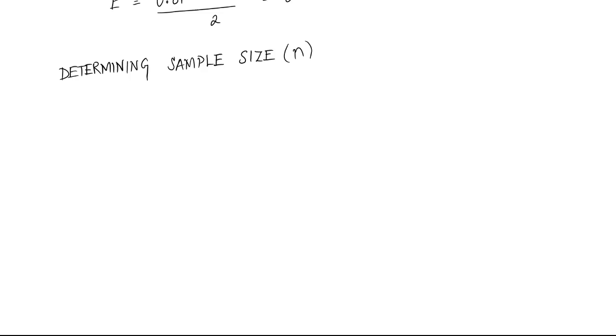All right, so again, we already had this formula, right? You need the margin of error, of course. So we saw that E is Z alpha over 2 square root of p hat q hat over n. And this is what we're going to use to get n by itself. We're going to use mathematical procedure to solve for n.